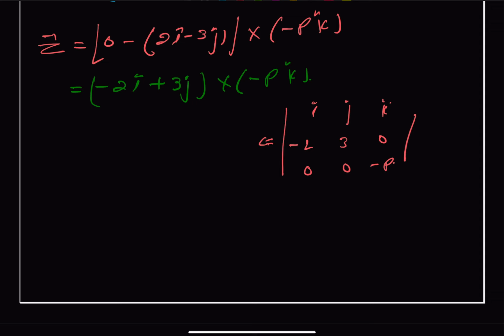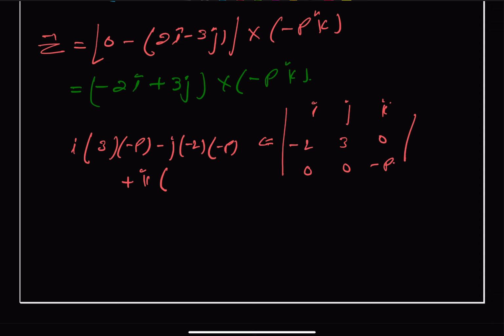And from here we get that our i unit vector is 3 times minus p, and this will be minus j, and this will be 0 and 0, and then we have plus k.